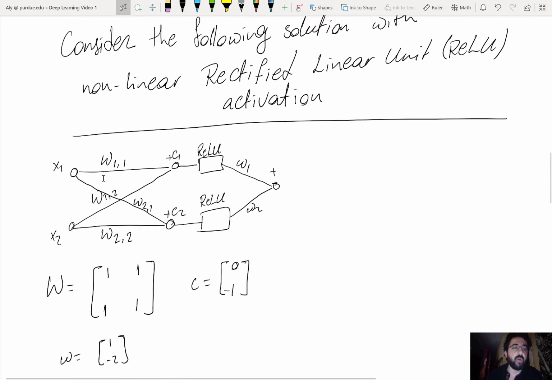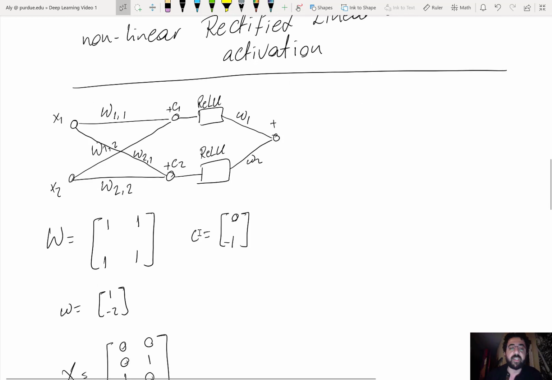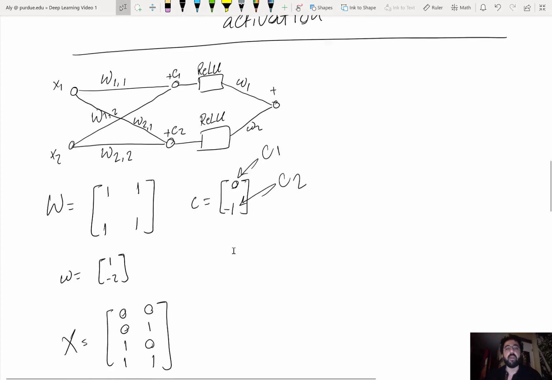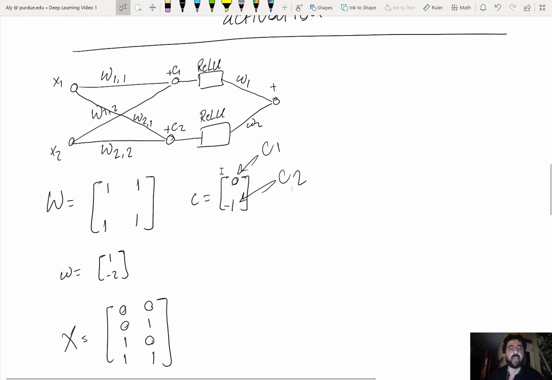Now C, the biases for the intermediate solution, equals 0, negative 1, meaning that C1 equals 0 and C2 equals negative 1. W, the weights in the second stage, are equal to 1, negative 2, meaning that W1 equals 1 and W2 equals negative 2.